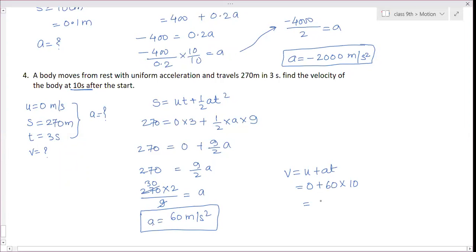So 60 into 10 is 600 plus 0 is 600 meter per second is the value of V. Ma'am, but for finding the acceleration, we can also use the third equation also. Yeah, you can use third equation also. Either first or third equation.